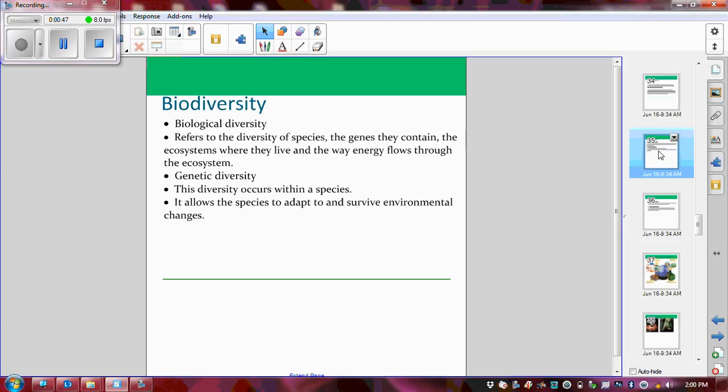Genetic diversity looks at a specific species and the diversity of genes that occur within that species. The more diverse the species is, the more likely it is to be able to survive and adapt in changing environmental conditions.